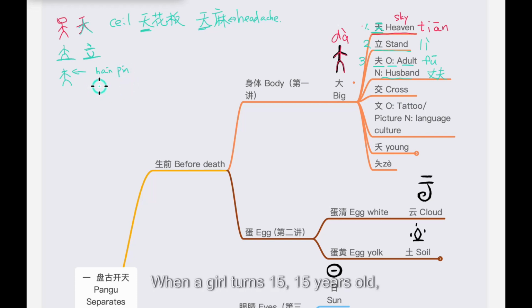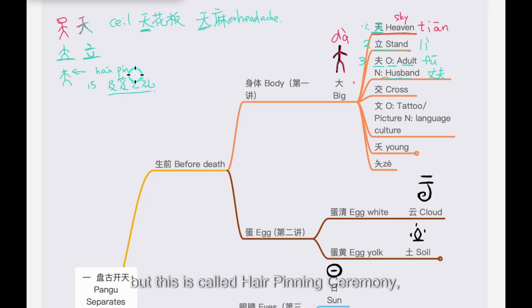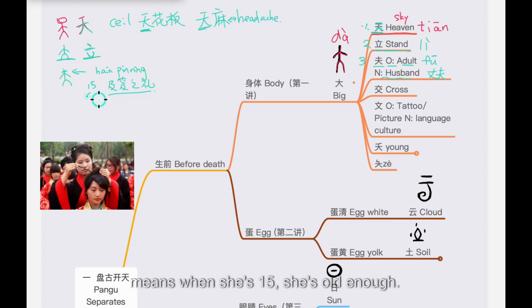In China, when a girl turns 15 years old, she will have a ceremony called 及笄之礼. You don't have to know this, but this is called the hairpin ceremony. It means when she's 15, she's old enough. She's an adult now. And for boys, it has to be 20 years old to be an adult.